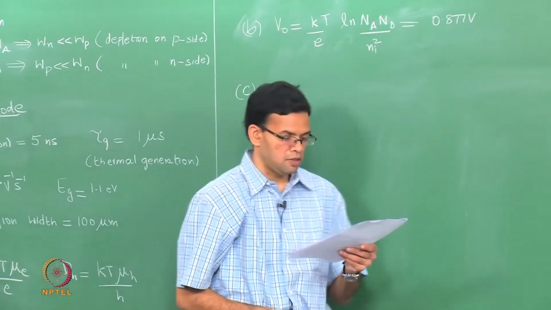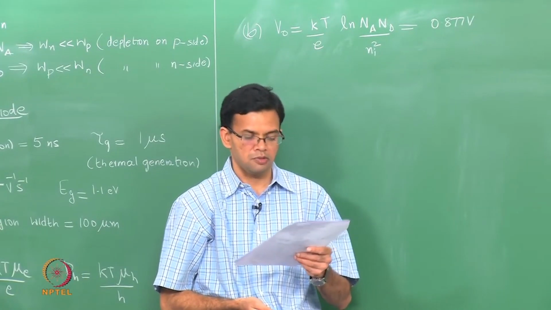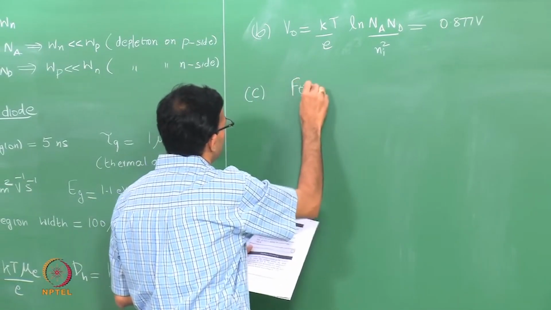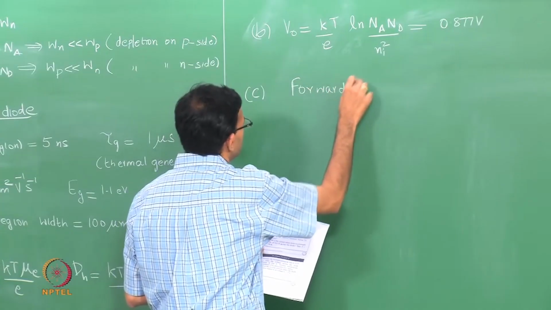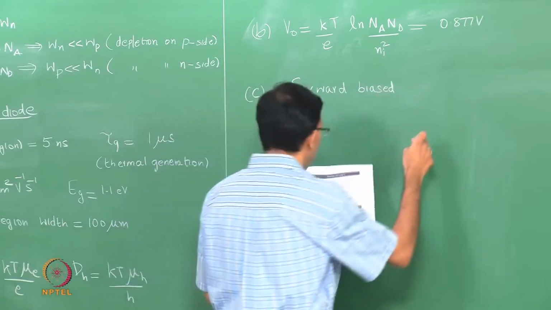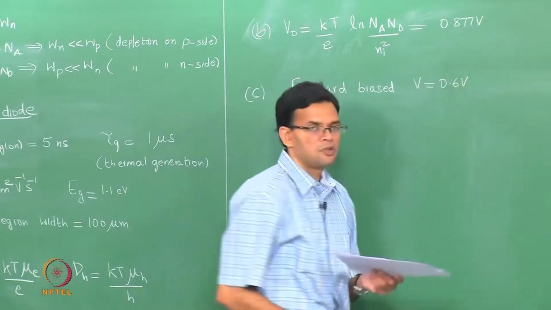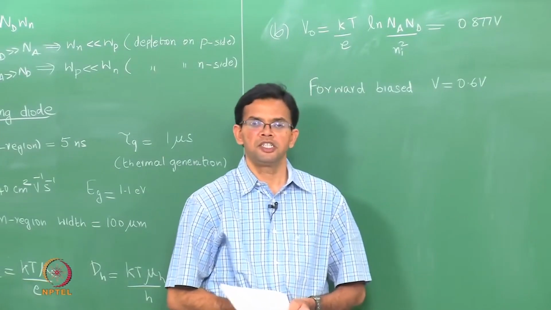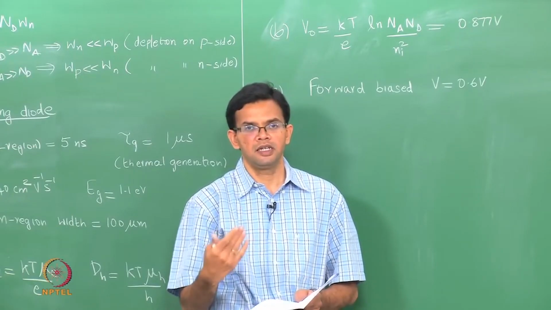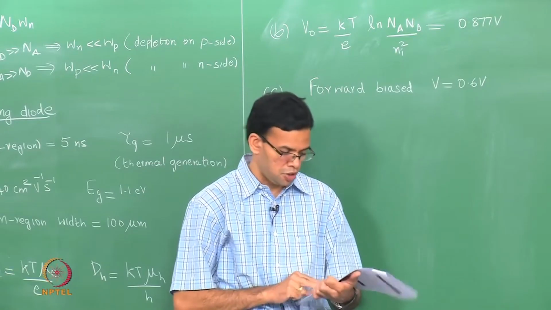what is the current when there is a forward bias of 0.6 volts across the diode. So, now you have the diode to be forward biased, the external potential V is 0.6 volts. When you apply an external potential, the barrier height is lowered, so that there is an increase in current due to the minority carriers diffusing across the junction.